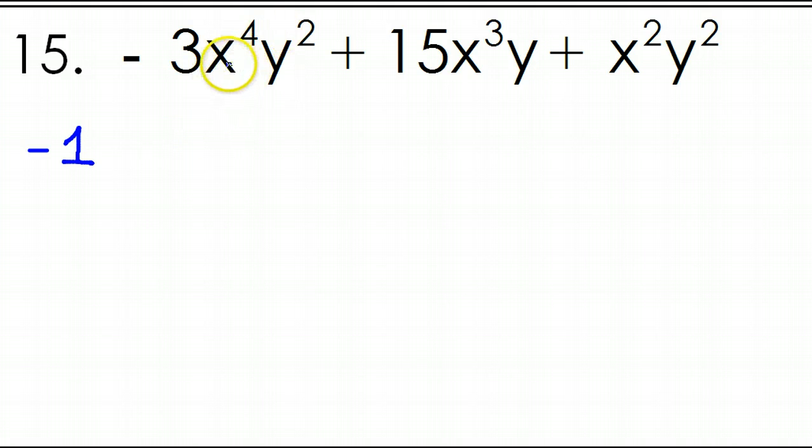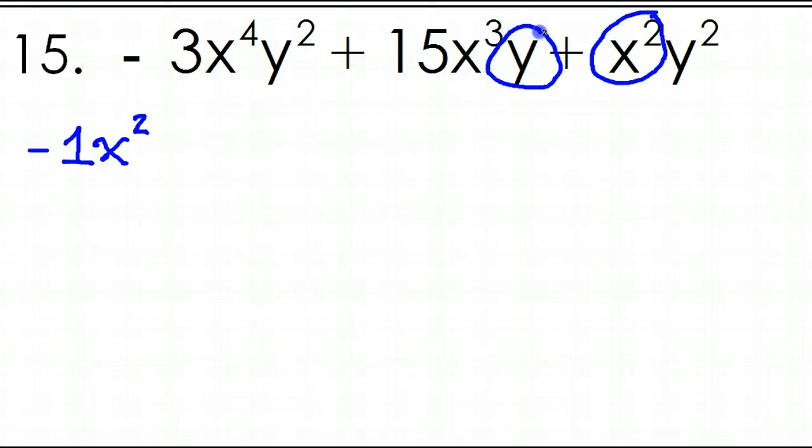Now how about the variables? I have x to the 4th, x to the 3rd, x squared. Okay, the lower amount here is x squared. So let's go ahead and pull that out as part of my GCF. Now how about the y's? I got y squared, y, and y squared. The lower amount is the y, so I can pull out a y. Let me drop this down just a little bit.